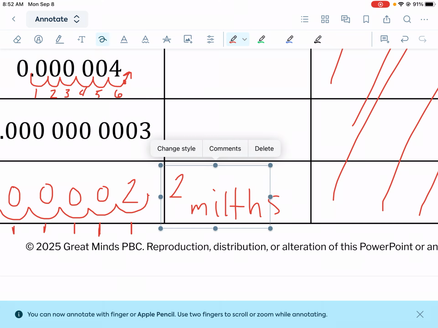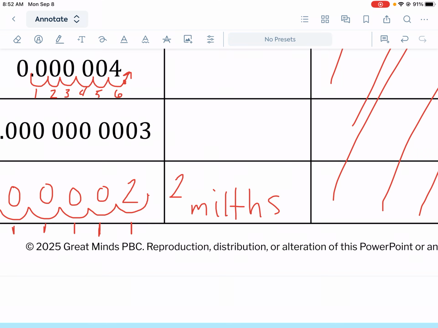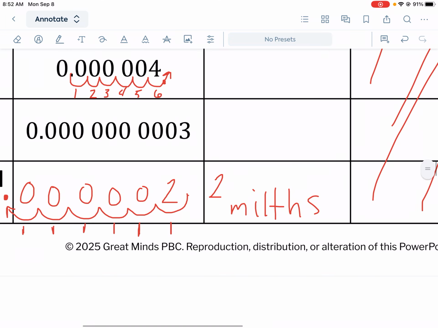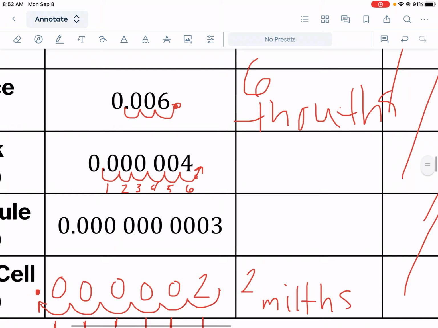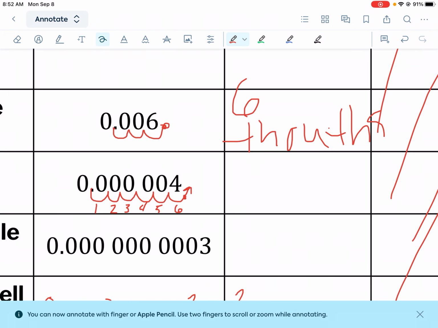Okay. Also for this 4, we determined the same thing. I'm assuming that you have this already, but just in case you don't, this was 4 millionths as well.